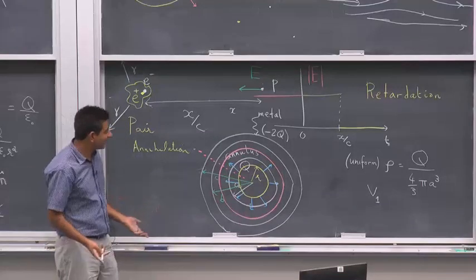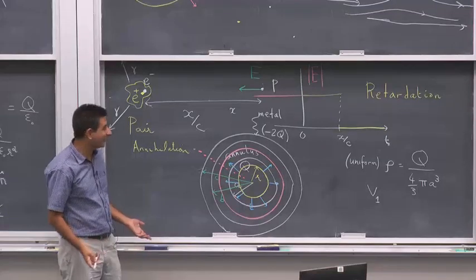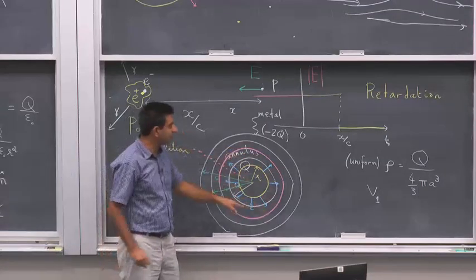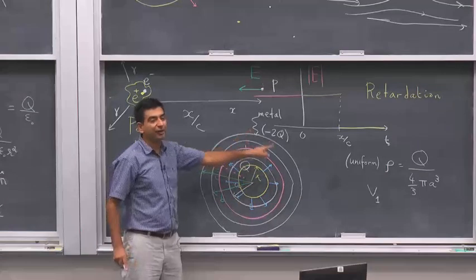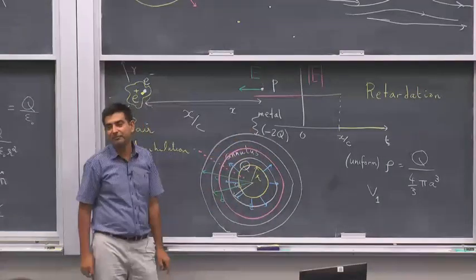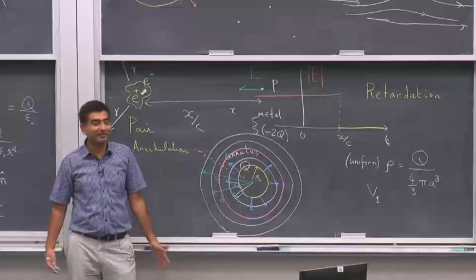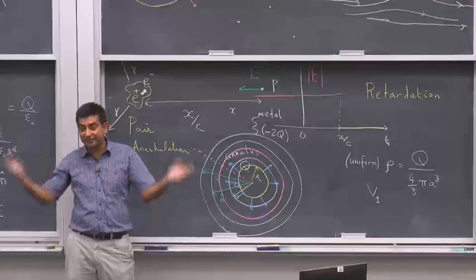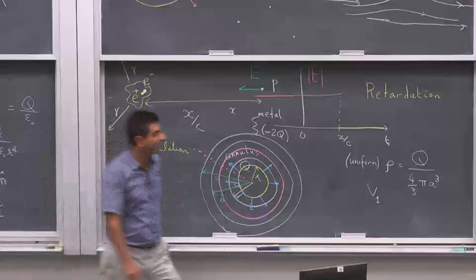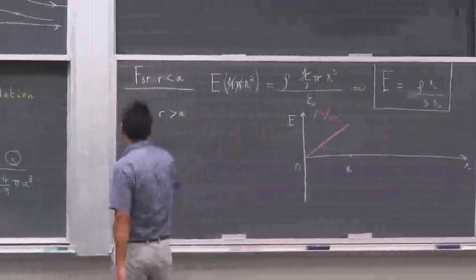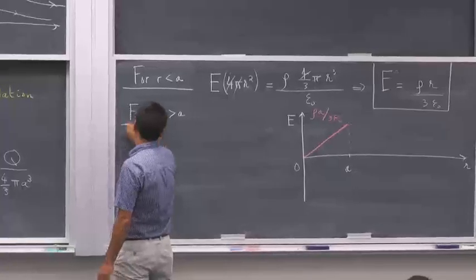I don't know if you can really figure out what's going on. There's so many colors here. But if you draw the electric field at all of these points on the sphere, they're going to point normally, radially outwards, and they're going to have the same magnitude. Because there is no other way in which the electric field can exist in this case, because of the spherical symmetry of this scenario.